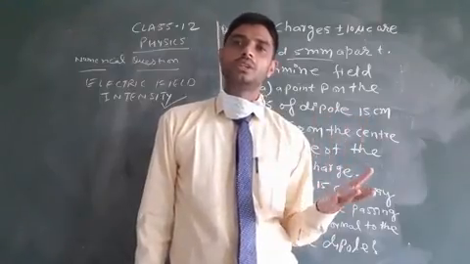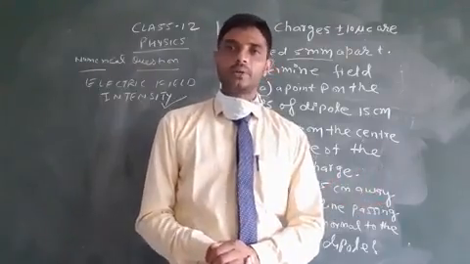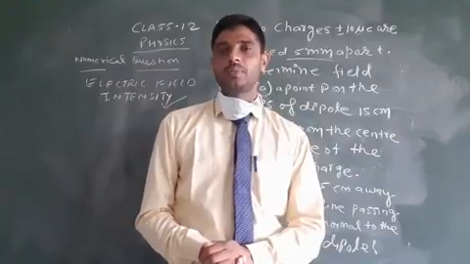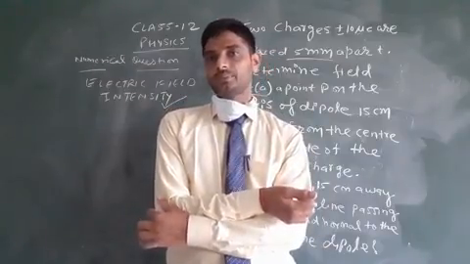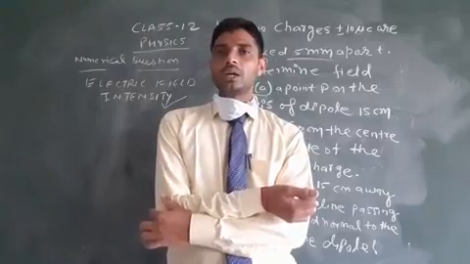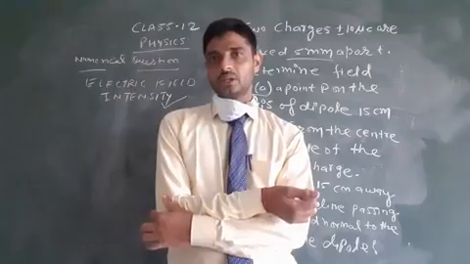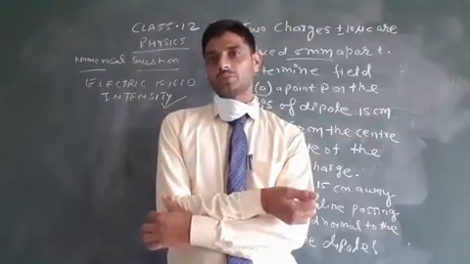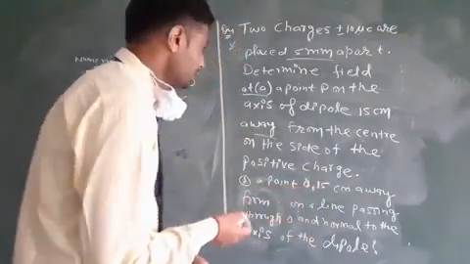By using the addition of vectors, you can find the resultant intensity or resultant field. Another method is to use the direct formula for electric dipole intensity at the axial position or equatorial position. So I am going to solve the first part.